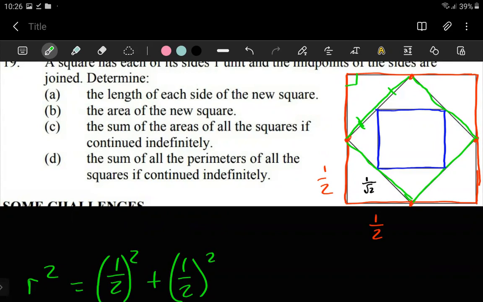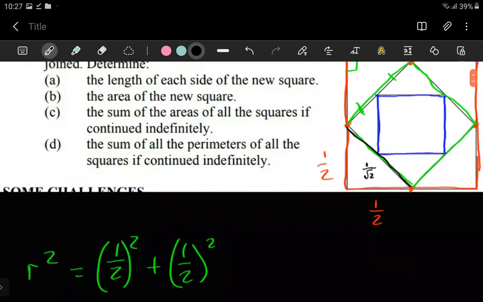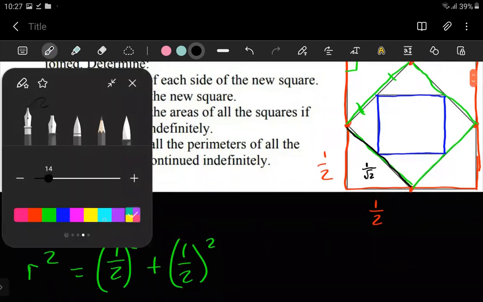Well, remember the whole thing is 1 over square root 2. Oh yeah, so then half of it. So depending on what your brain was thinking, it's normal to maybe think like that in an exam. But you always want to ask yourself, why would it be doubling? Because the whole thing is 1 over square root of 2, so half of that is what goes there on the green side.